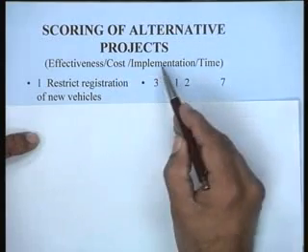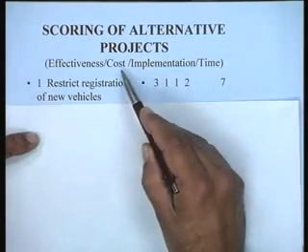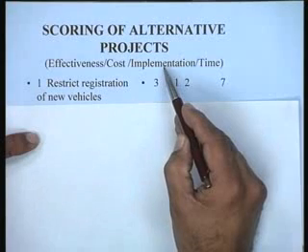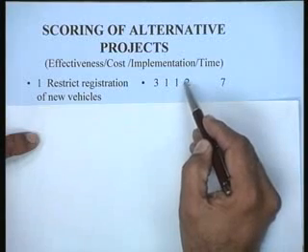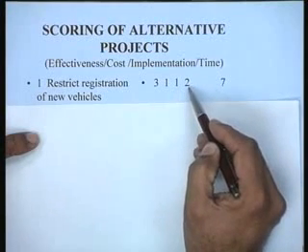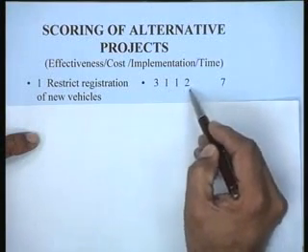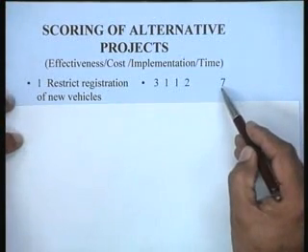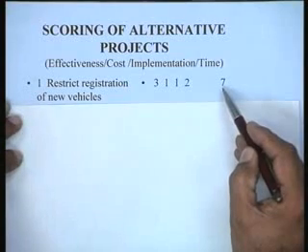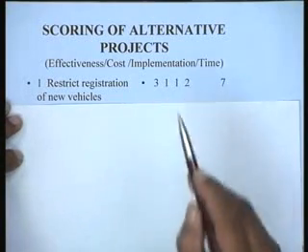And as far as cost and implementation are concerned, we feel it's going to be very costly and difficult to implement. So we give only 1 here. And as far as the time is concerned, we think it's going to be fair, so we give 2 marks. And assuming that all these criteria are equally important to the decision maker, the total score for this project is 7. Right? 3 plus 1 plus 1 plus 2.